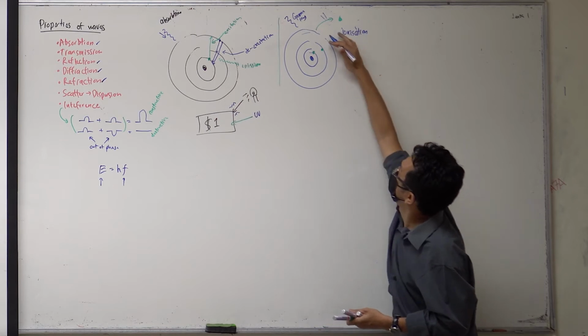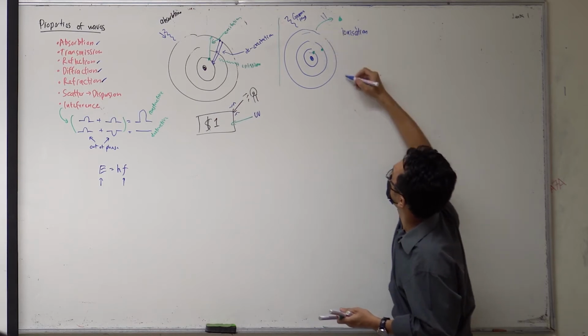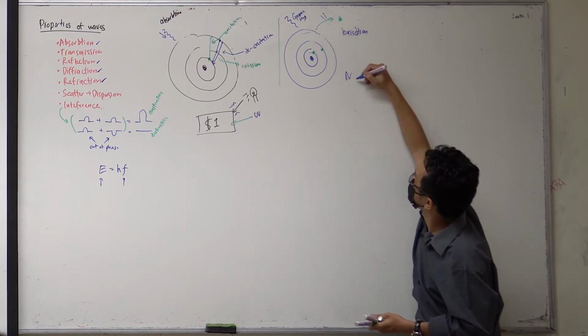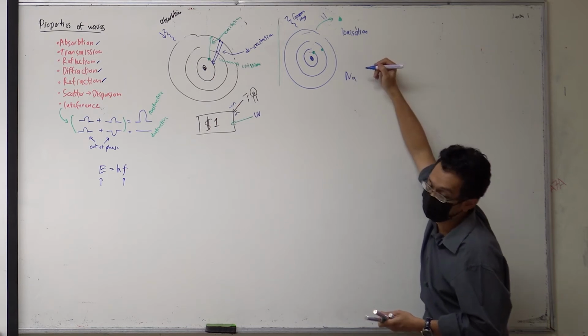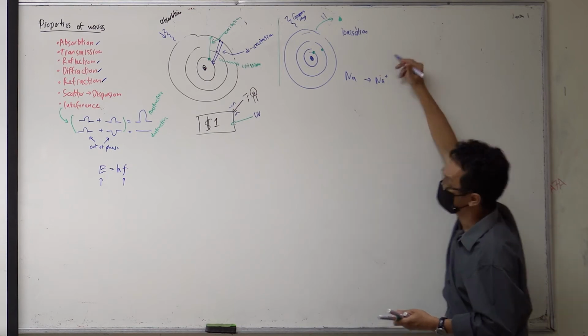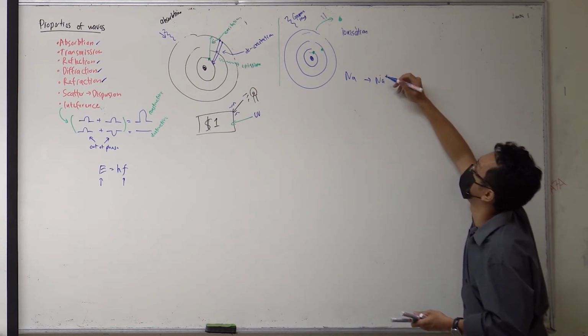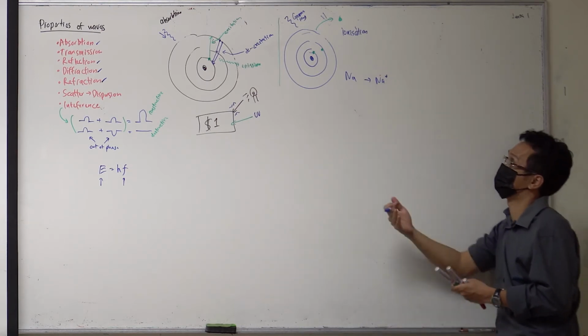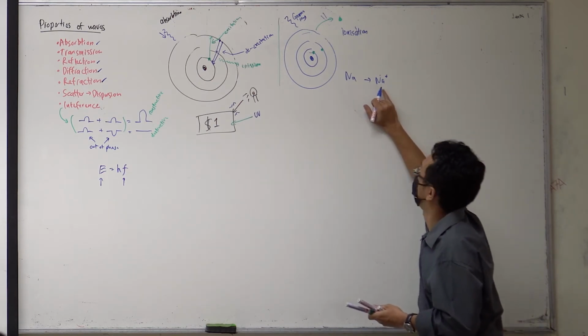Ionization. So basically, for example, let's say you have neutral sodium like this, and then when you get ionization, you get something like this, because the plus here means you lost one electron. So you have this ionization.